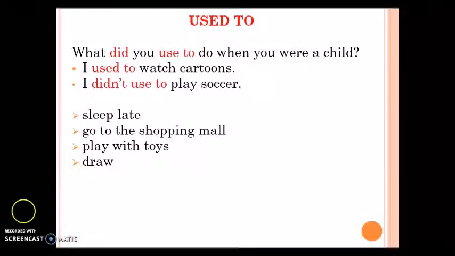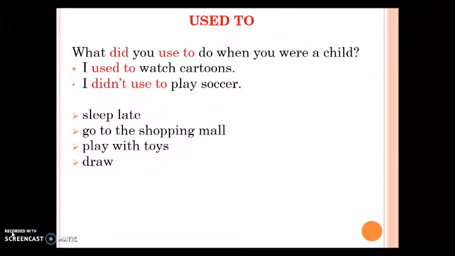Okay, so this is practice for you. Remember that used to is the structure of the simple past tense to express past habits, things in the past that are no longer performed.